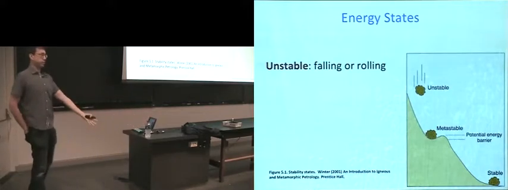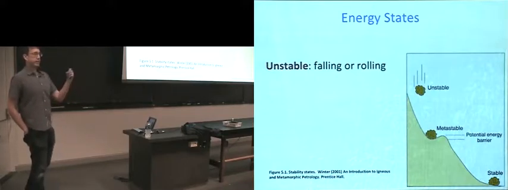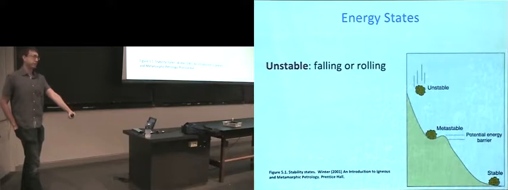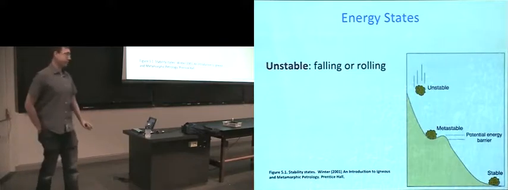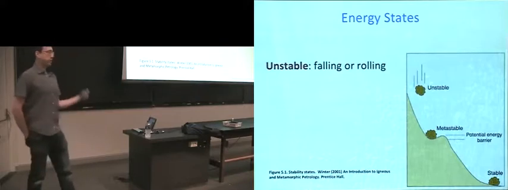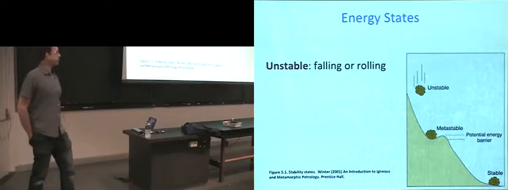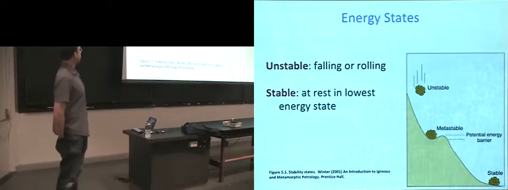Diamond will try to revert to graphite, except that the potential energy barrier is so high that it can't get there and make that transition. So diamond, as beautiful as it is, is not a stable phase. It's a high pressure product of carbon. That's why you can't form it at low pressures.